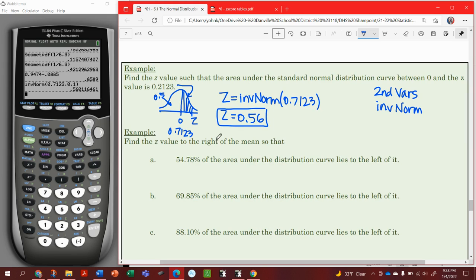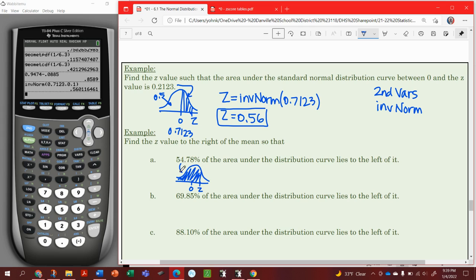Okay, find the z-value to the right of the mean, so that 54.78% of the area under the distribution curve lies to the left of it. All right, I need a graph. I need 0. I need the z-value to the right of the mean, so my z is over here, and 54.78% lies to the left of it.